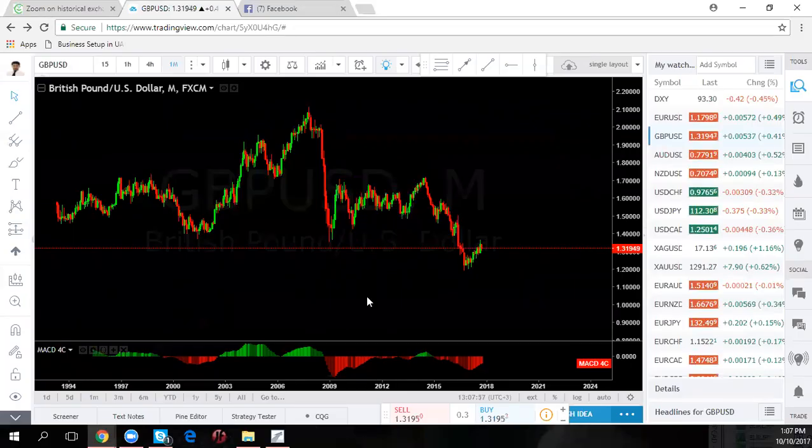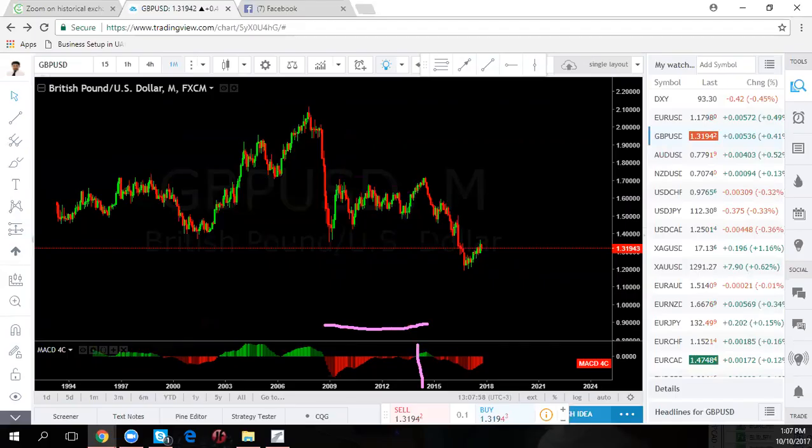Remember, corrective structures are time factors. They're based on this axis. They're time structures. Impulses are on this axis. So if you're taking corrections to be a time factor, it means the correction within the correction should also be the time factor.